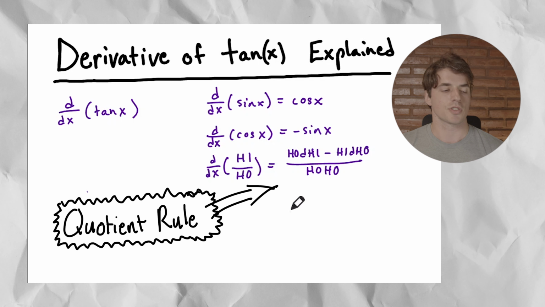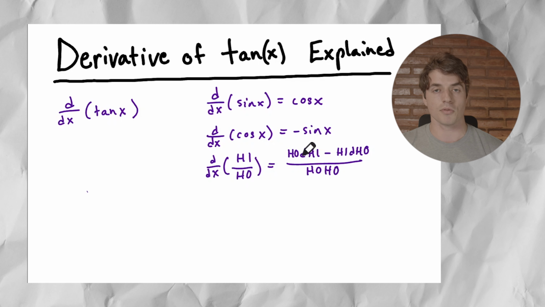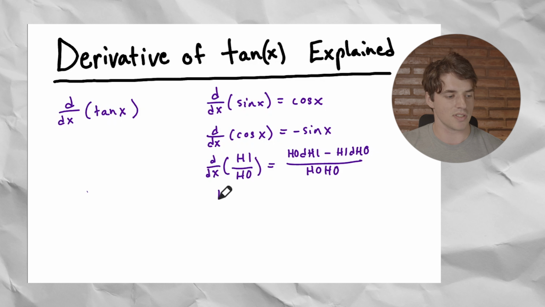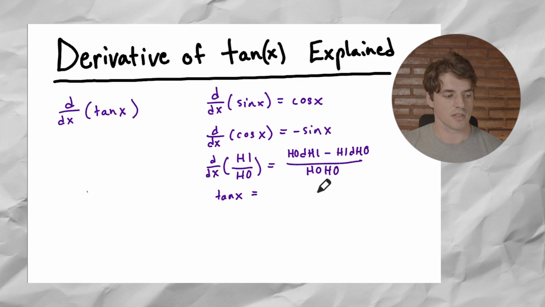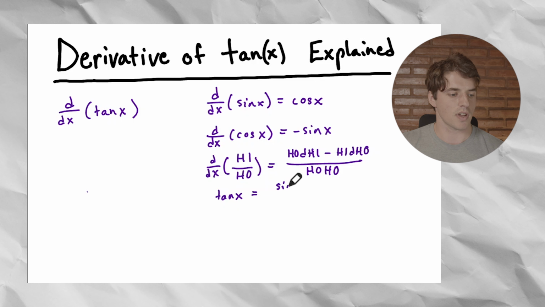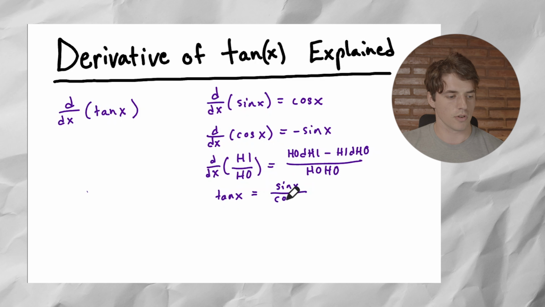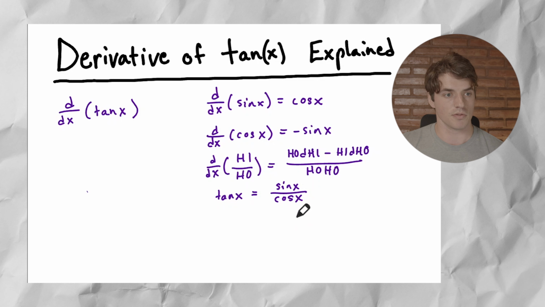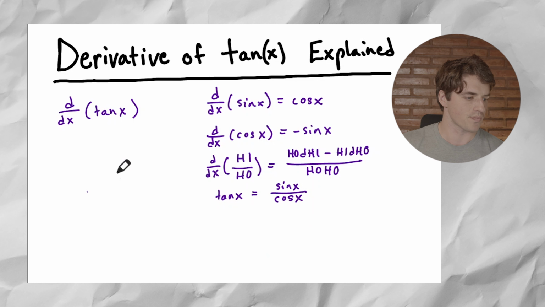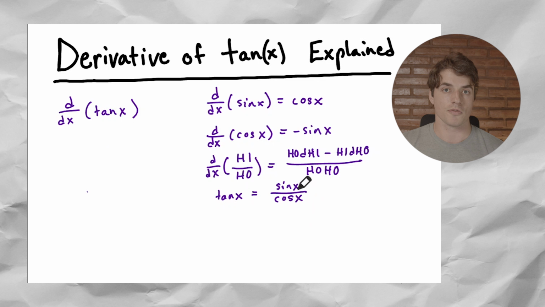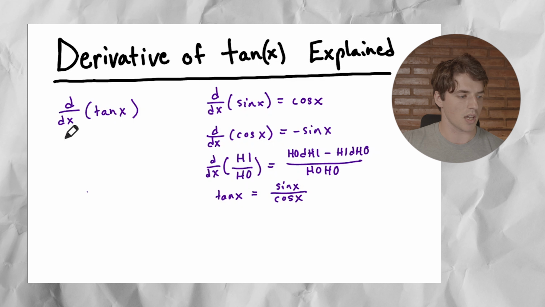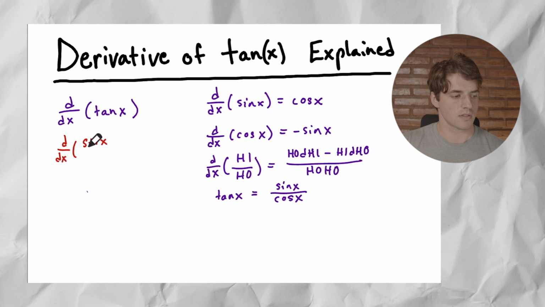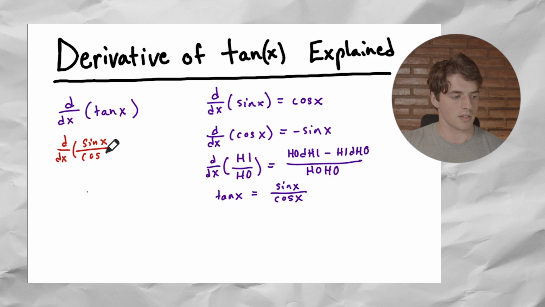Okay, so in using these three derivatives, as well as a trigonometric identity, which is that tangent of x is equal to sine of x over cosine of x, we're going to take the derivative of tangent.